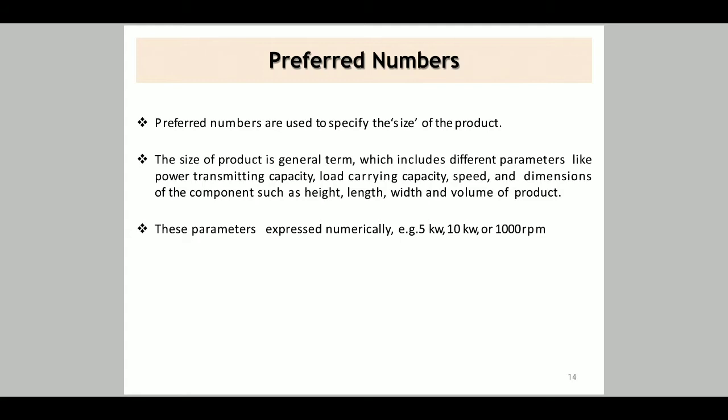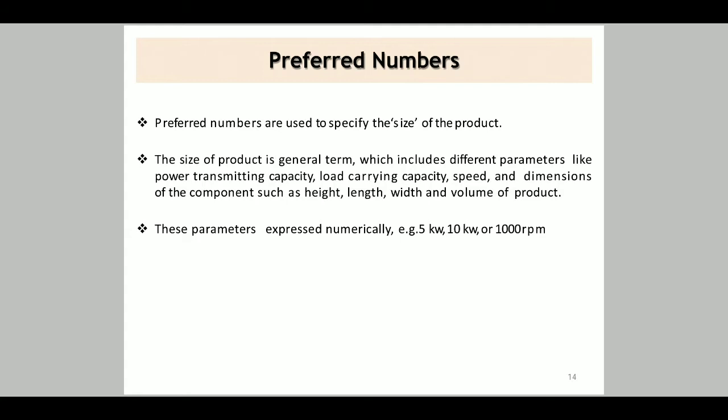Now, the preferred numbers are used to specify the size of the product. The size of the product in general terms includes different parameters like power transmitting capacity, load carrying capacity, speed, and dimensions of the component such as height, length, width, and volume of the product.